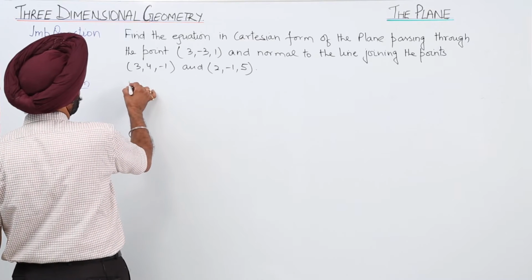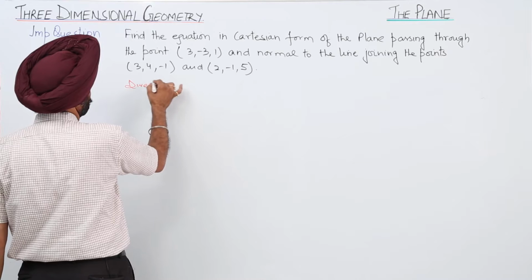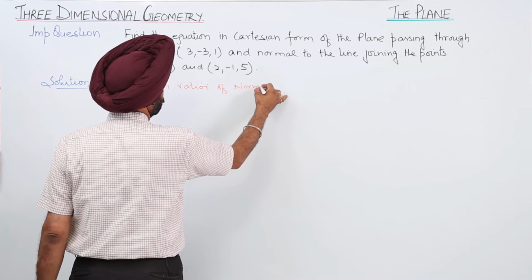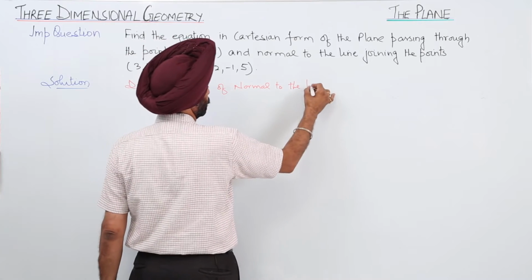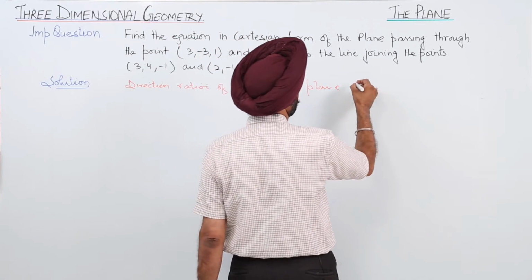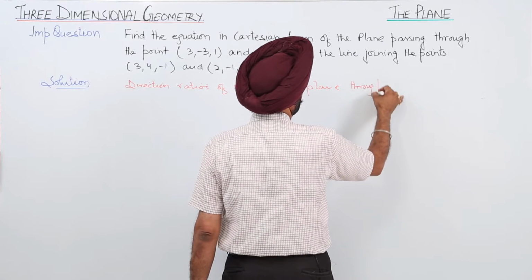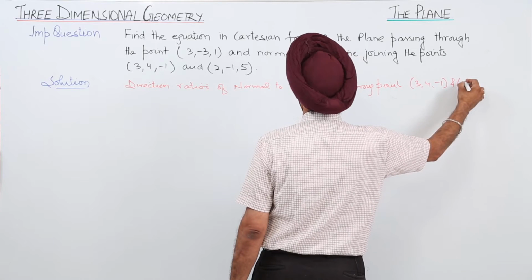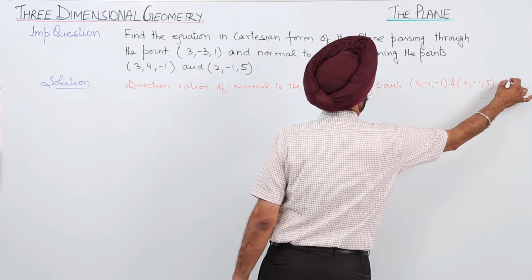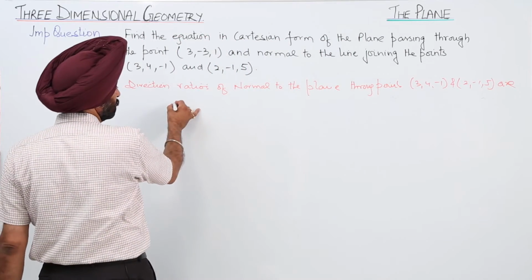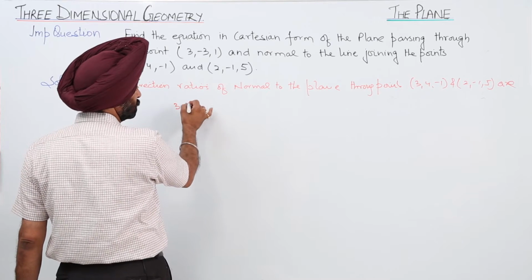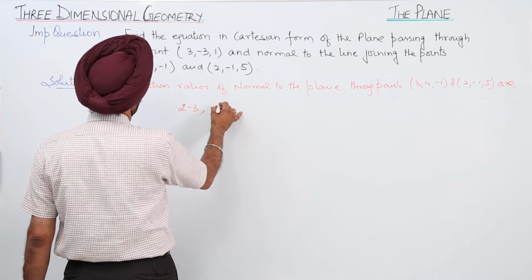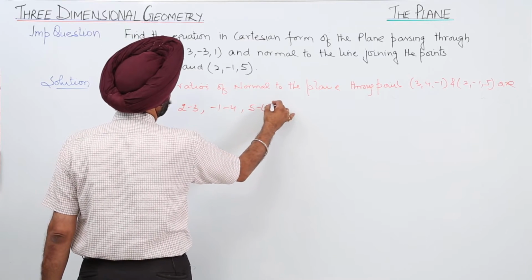Now direction ratios of normal to the plane through points (3, 4, -1) and (2, -1, 5) are, now the direction ratios are 3 minus 2, 2 minus 3, then minus 1 minus 4, then 5 minus 1.